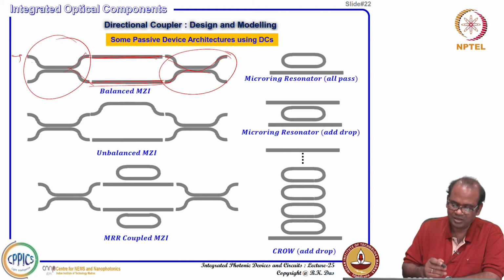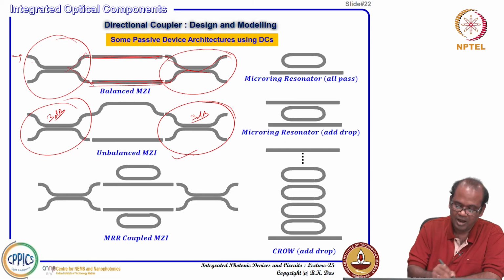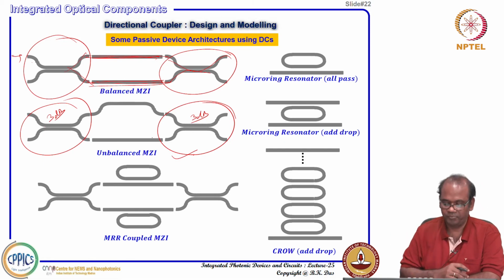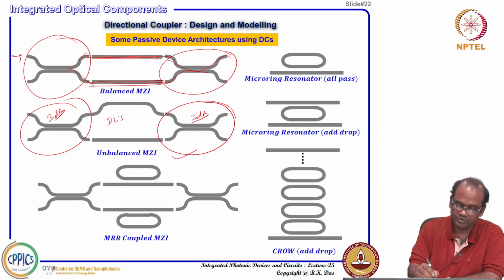Another thing, we can also use an unbalanced Mach Zehnder interferometer. This is a 3 dB directional coupler, and this is also 3 dB, and then unbalanced, that means one of the arms is longer. That type of device is also used for different types of band rejection filters, lattice filter design, etc., and sometimes it is called a delay line interferometer, DLI.